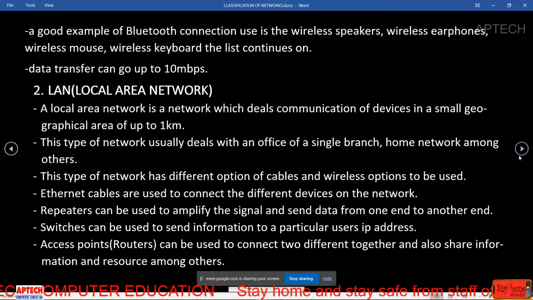Guys, give me something, I'm the only one pitching. Homes, yes, if you have a big house. It's what we use here. So local area networks cover up to 1 kilometer.